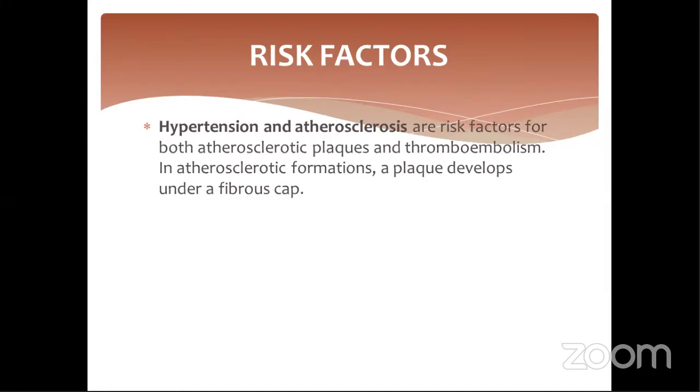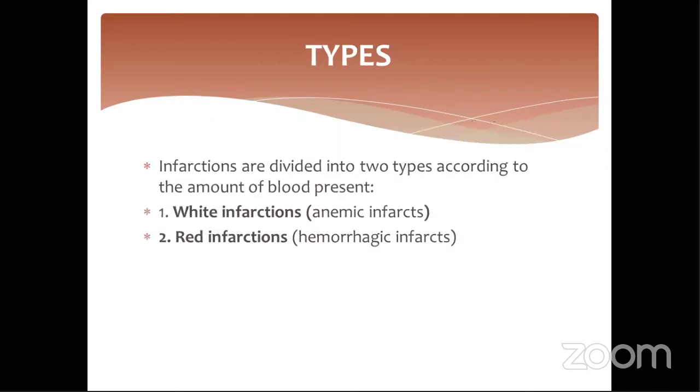This fibrous cap gets degenerated, released from macrophages or by intravascular shear force from the blood flow, and subendothelial thrombogenic material is exposed to the circulating platelets and thrombus formation occurs. So it is very risky for life saving. So these are the types.